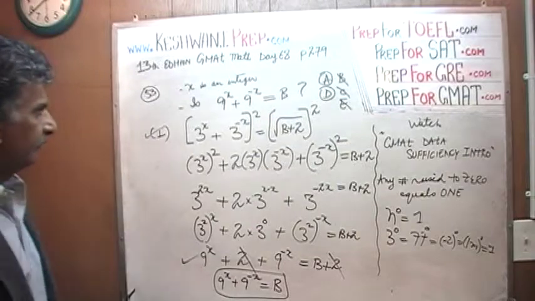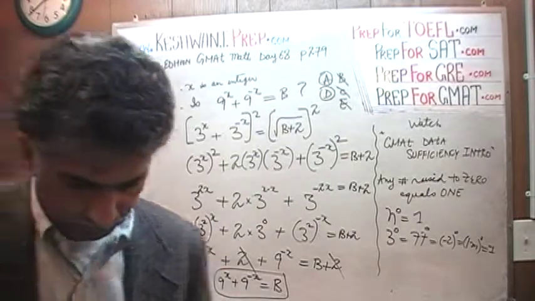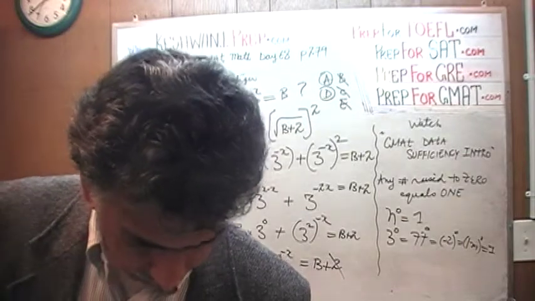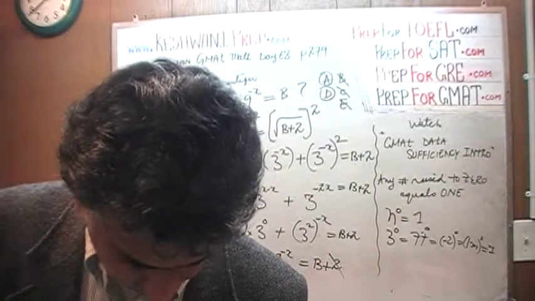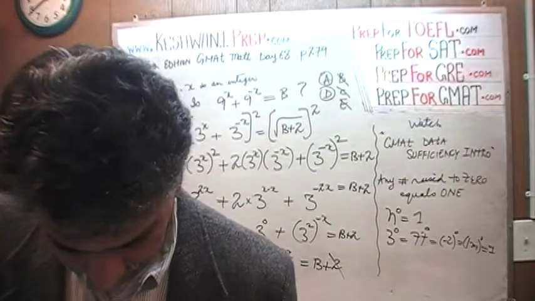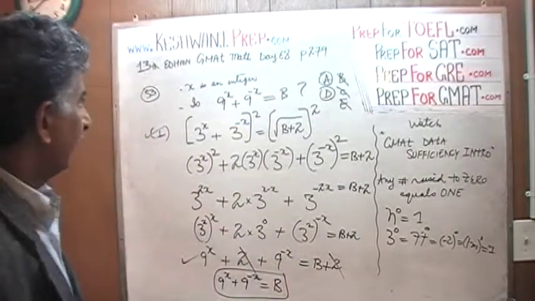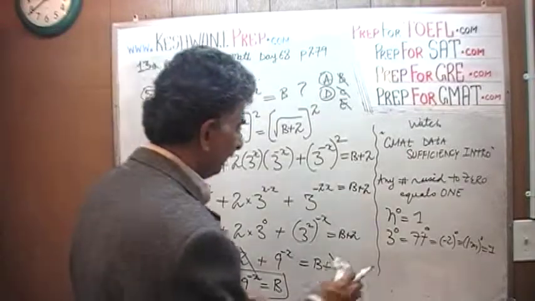I need to erase all of this so that we can look at the second statement. What does the second statement say? That's it? In the second statement, all they tell you is x is positive. That's not going to help us.